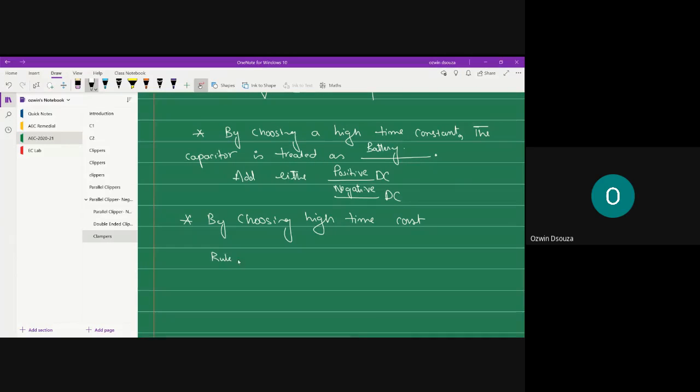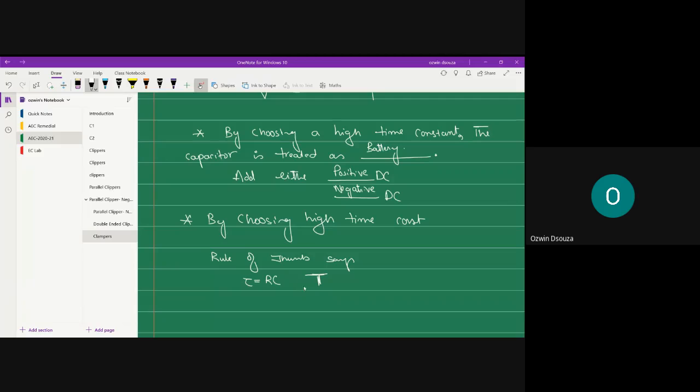The rule of thumb says the time constant tau is equal to RC.